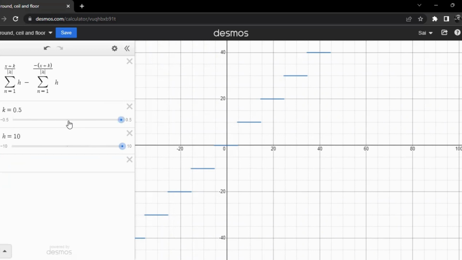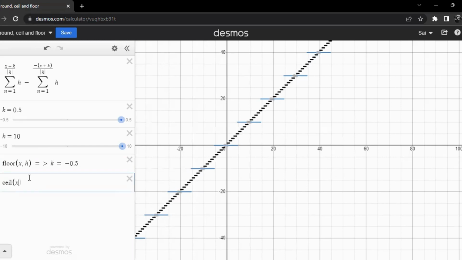So basically, 0 is for a rounding function, 0.5 is for the ceiling function, and minus 0.5 is for the floor function over here. It just sort of defines it. So if you want the floor function, floor of x, where x is your input and h is the number you want to estimate it to, for the regular floor function h is equal to 1, and the k value is going to be k equals minus 0.5.